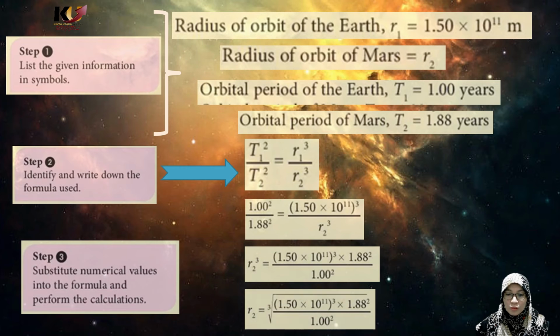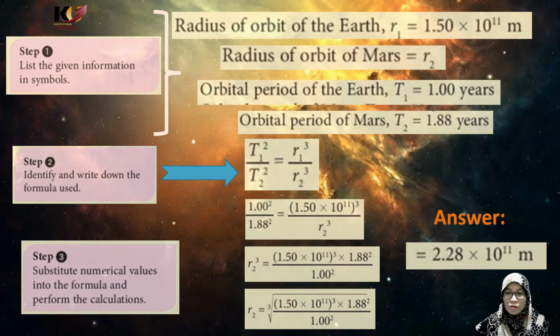R2 equal to the cube root of (1.50 times 10 power of 11) cube times 1.88 square over 1 square. The answer is 2.28 times 10 power of 11 meter.